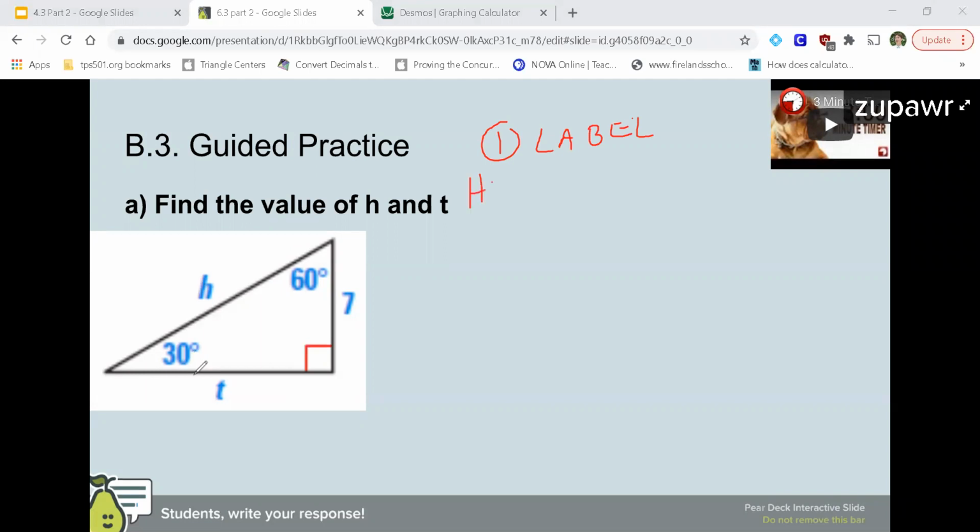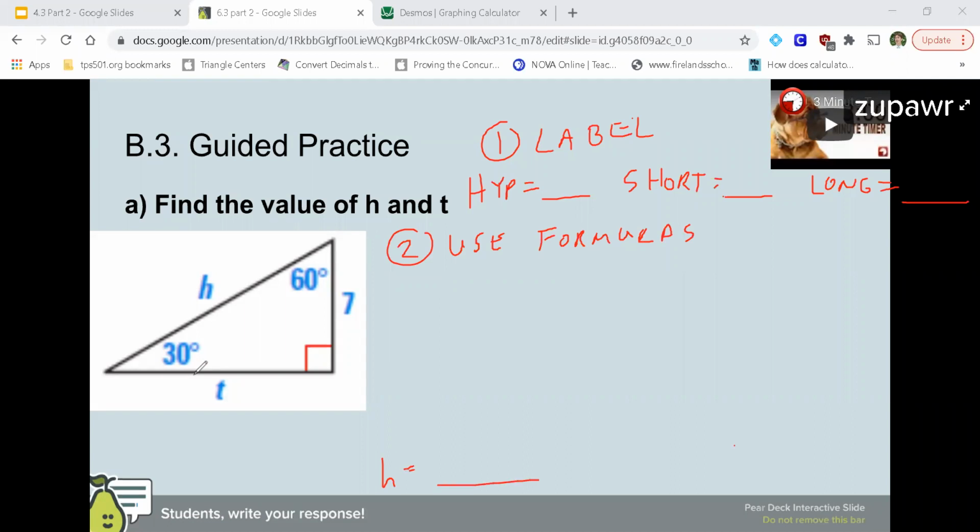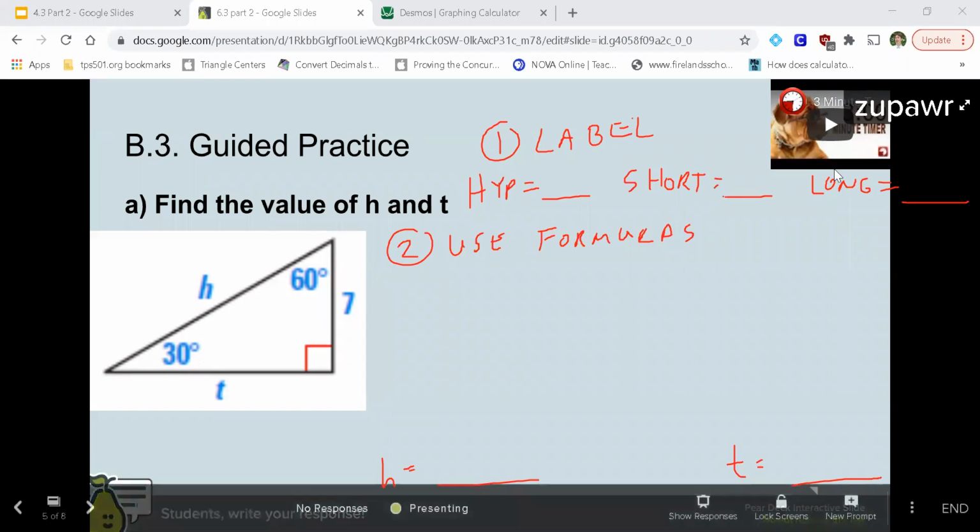Tell me what's the hypotenuse, what's the short side, and what's the long side. And then second, use your formulas to find h and t. I'll give you 3 minutes.